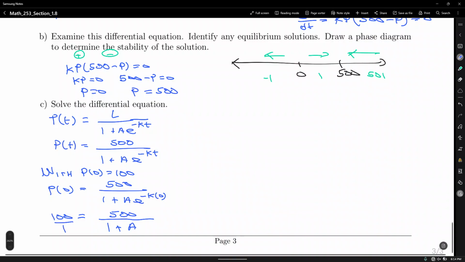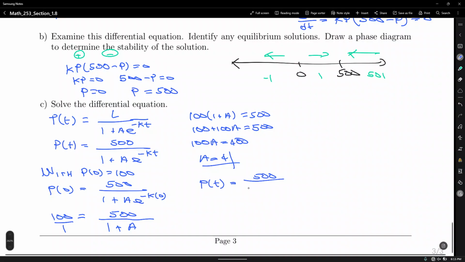So divide by 1 and cross multiply. 100 times 1 plus A equals 500, which means 100 plus 100A equals 500, 100A equals 400, and A equals 4, isn't it? So far we have P of t equals 500 over 1 plus 4 e to the negative kt.